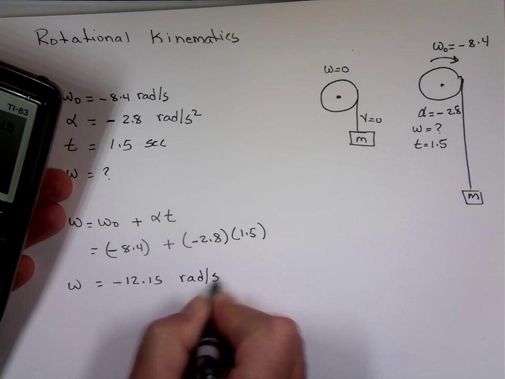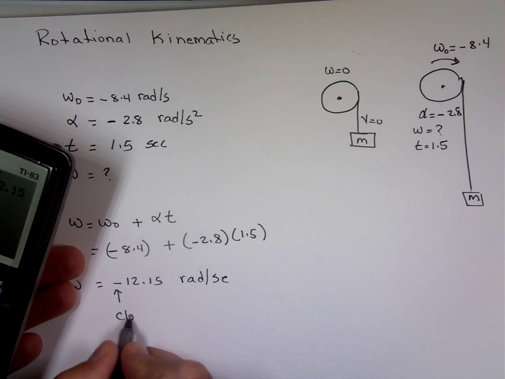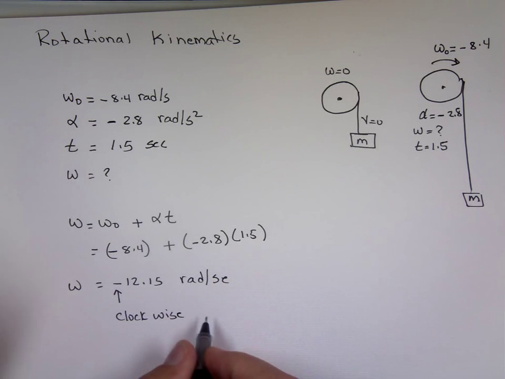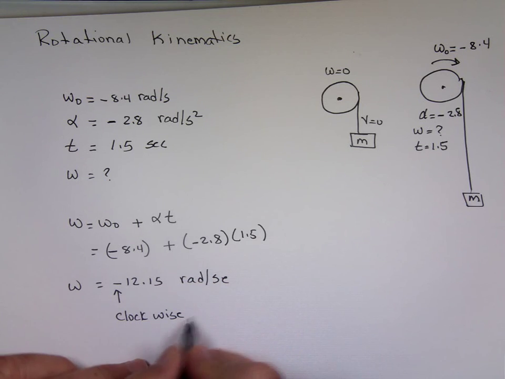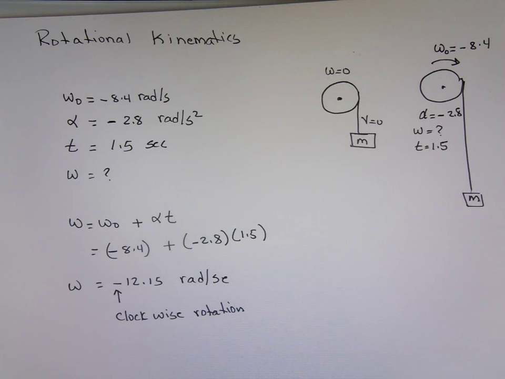Again, what does the negative tell me? The negative sign tells me it's going clockwise. That's what the negative tells me. Not slowing down. It's actually going to pick up speed.